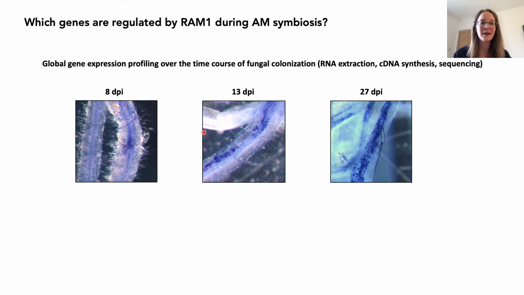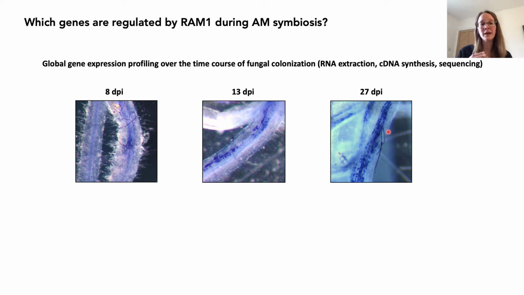The way I do that is by looking at 3 different stages of fungal colonization: 8 days after inoculation, where the symbiosis is just starting, and then 13 days and 27 days after inoculation. This last time point represents a fully colonized root, where the symbiosis is fully established.